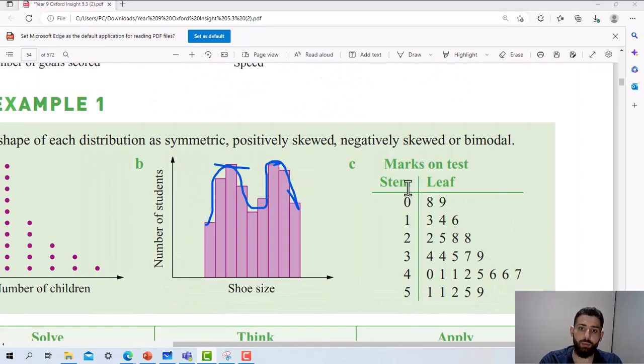Now, in this one, we have two columns. We have the stem and we have the leaf. The stem is the first number and the leaf is the second number. So here we know in the tens, between 10 and 20, we have three numbers. We have 13, 14 and 16. Between 20 and 30, we have four numbers.